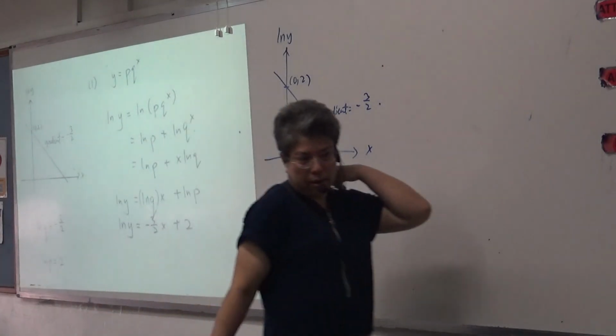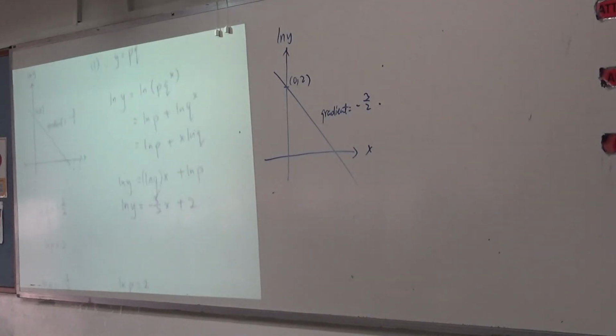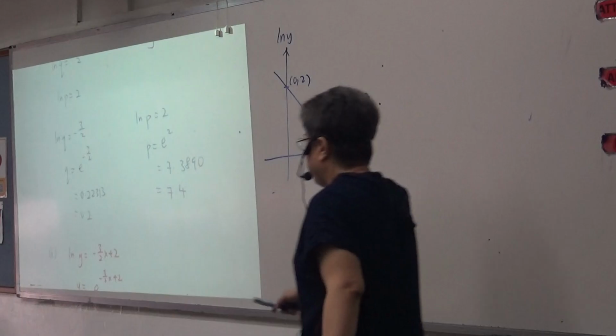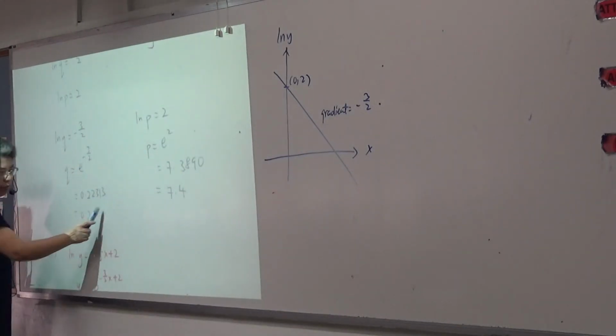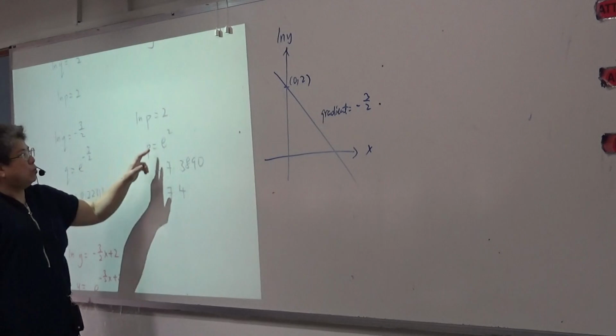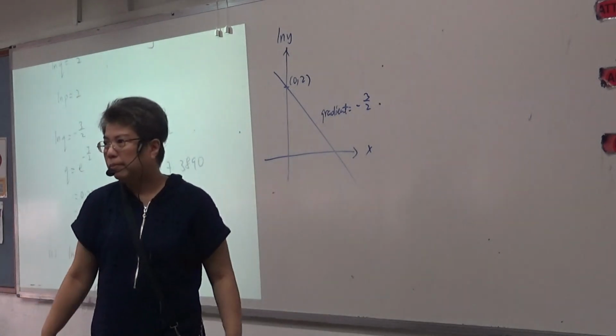E. Okay. So my Q will be e to the power of negative 3 over 2, they want 1 decimal place, correct? Now what about my P? Log P is 2, P is e to the power of 2, I get this, 1 decimal place, 7.4.